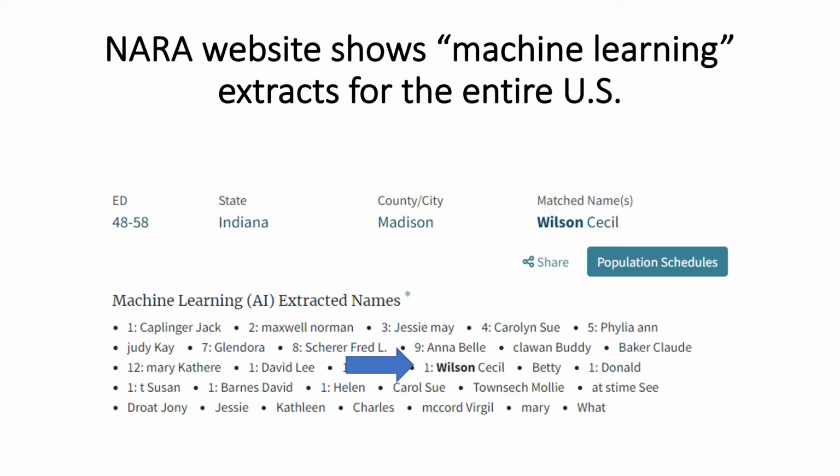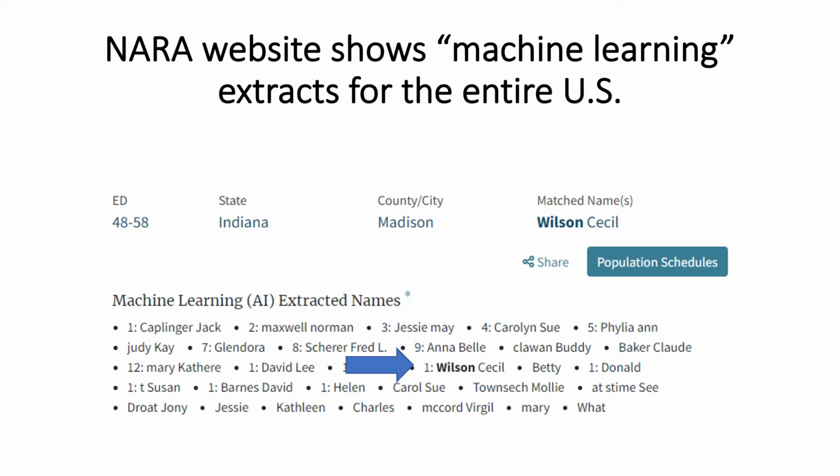For example, I was looking for my family in Madison County, Indiana. That's where we were in 1950. And so I put in Indiana, Madison County, and I put in my father's name, Cecil Wilson. And lo and behold, the first collection of machine learning indexing that came up included my father's name.